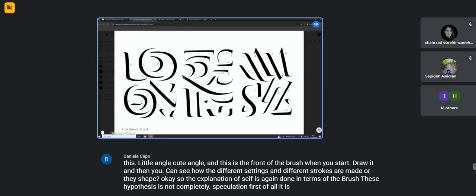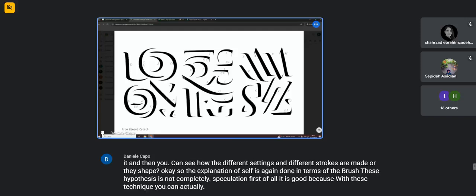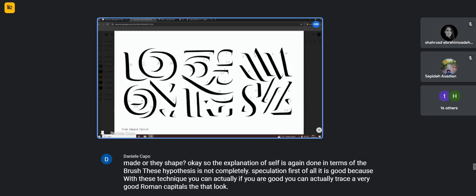First of all, it is good because with this technique, if you are good, you can actually trace very good Roman capitals that look like the actual epigraphic capitals of imperial times.